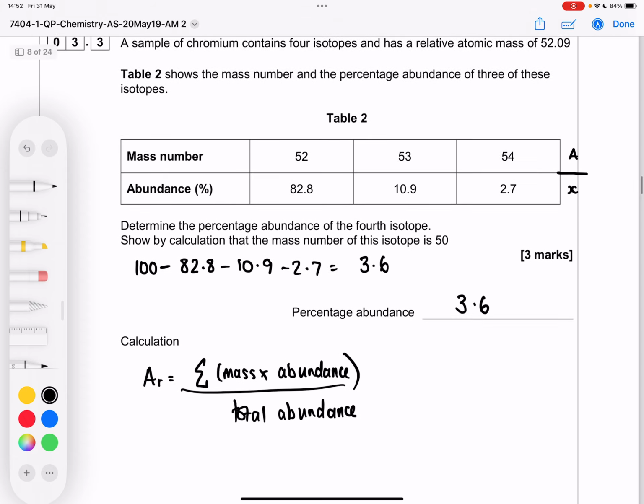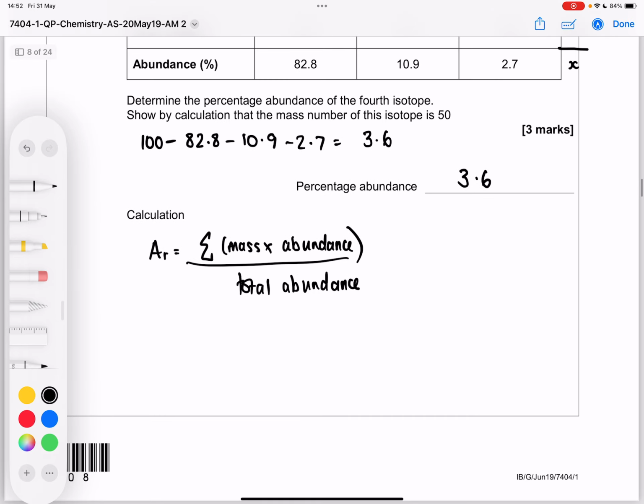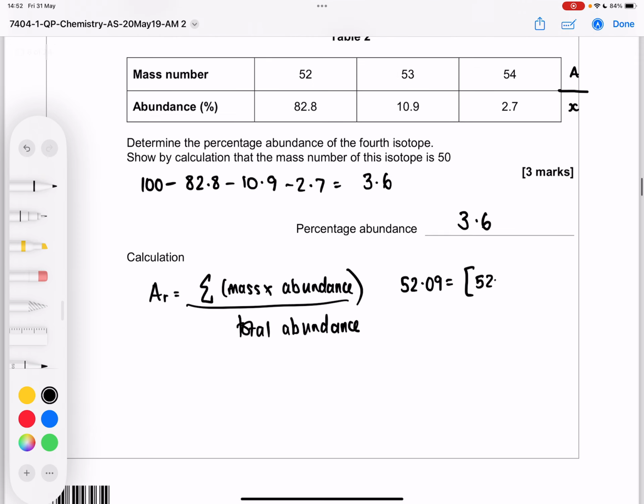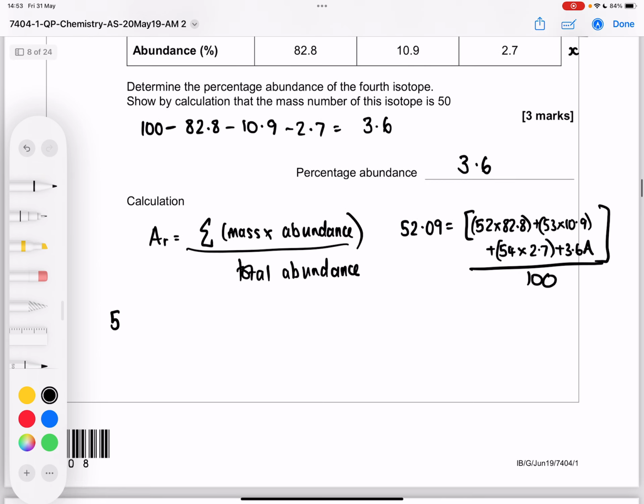So we know that 52.09 equals 52 times 82.8 plus 53 times 10.9 plus 54 times 2.7 plus 3.6 times our unknown mass number, and all of that is divided by 100, total abundance. So we're going to do some rearranging.